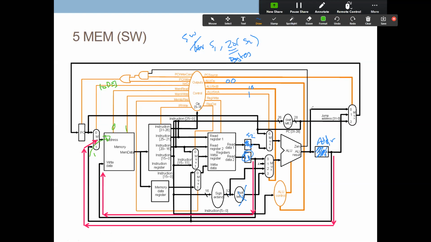That's it. The value you want to write is already here and the address is here. You just need to pass the proper address to the memory and that's it. So there isn't much to do in the memory stage for the store.